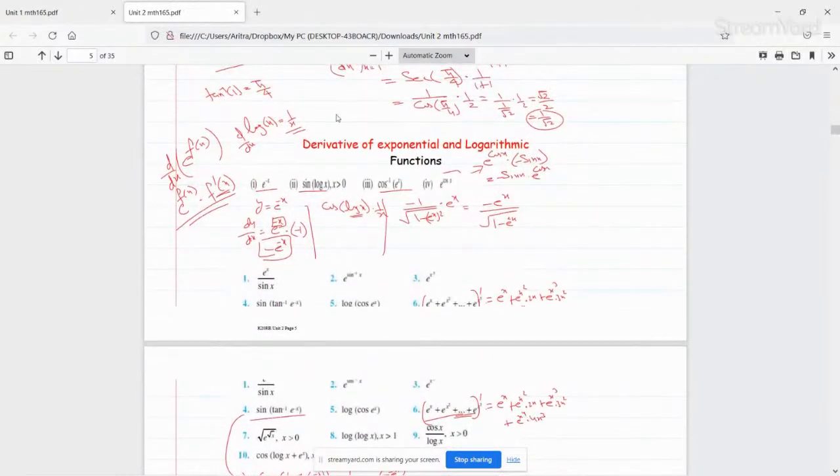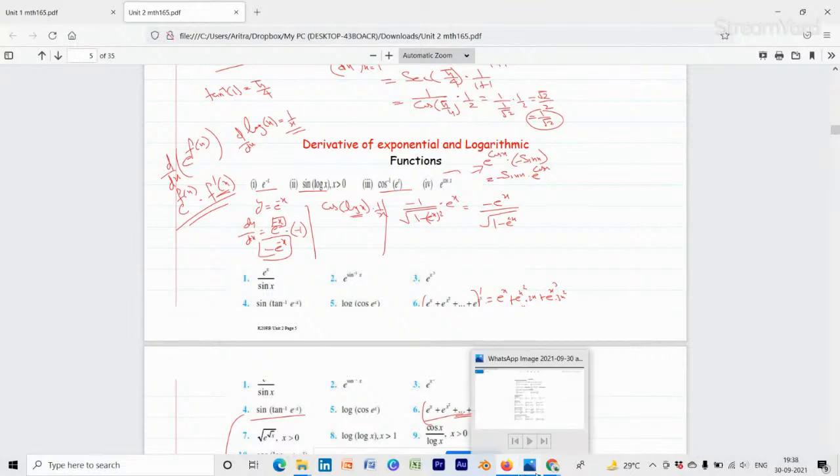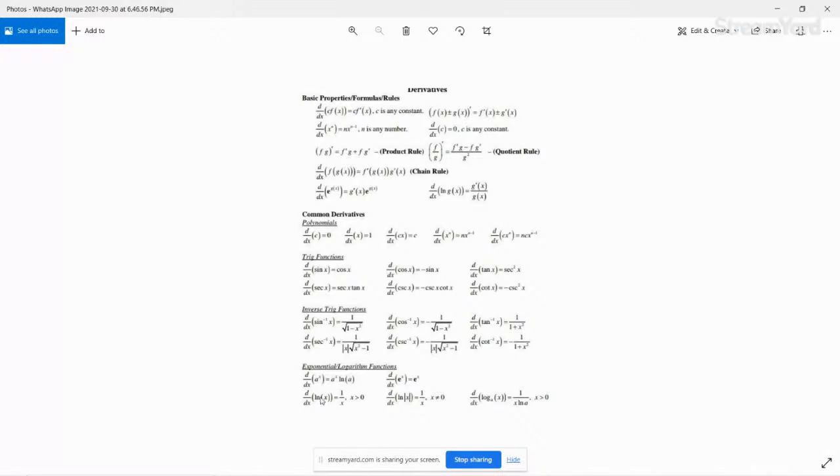Then comes the derivative of exponential and logarithmic functions. Let's see some of the exponential and logarithmic functions. I have shown you here. Now see, when it is d/dx of a to the power x, and a can be anything, it can be 2 to the power x, 10 to the power x, anything, then what will be the answer?